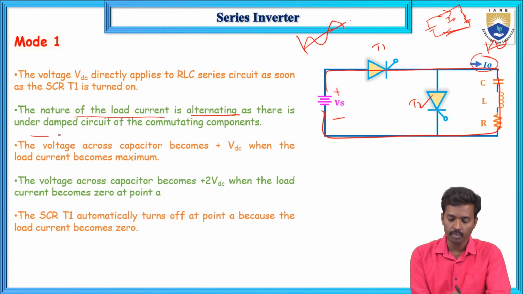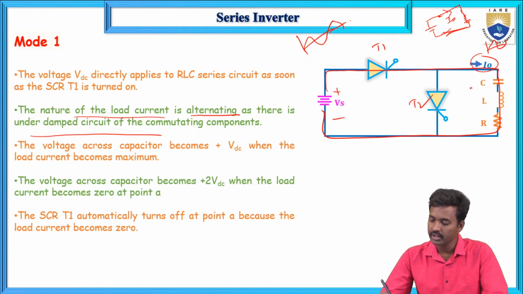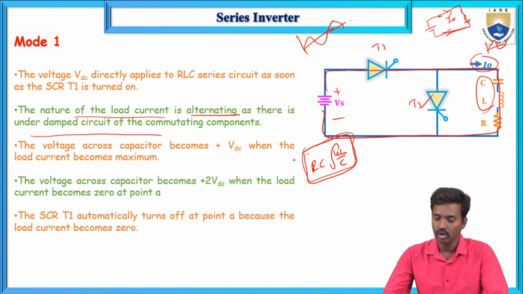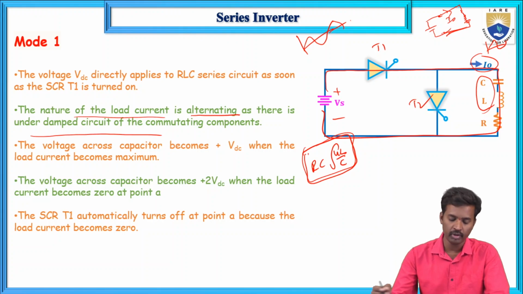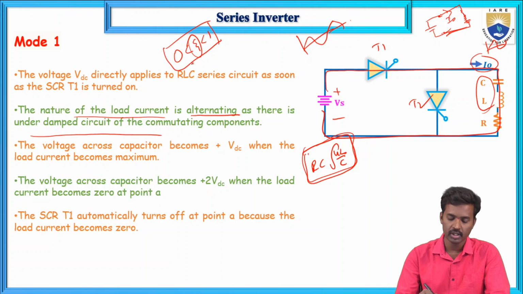This is an underdamped circuit of commutating components. By selecting proper values of inductor and capacitor, R is less than the square root of 4L by C, the system is underdamped, where zeta is between 0 and 1. The damping factor is in between 0 and 1, so the system is underdamped.